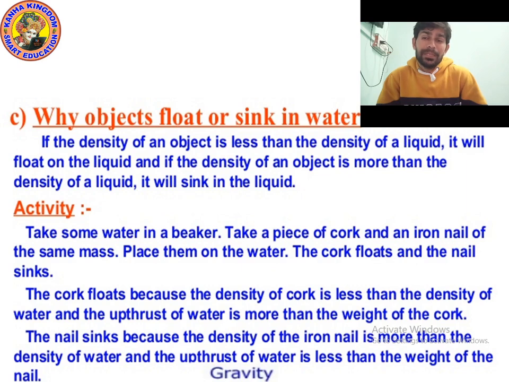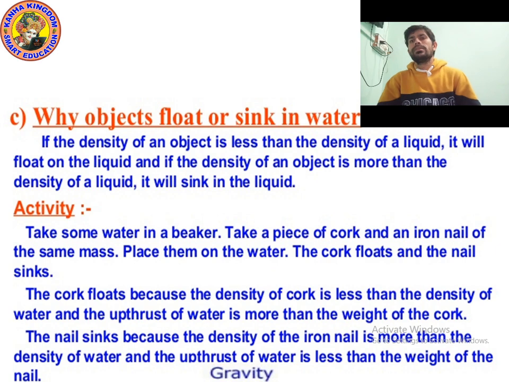The same thing happened here: the nail does not float, it sinks, because the density of the nail in comparison to the density of the liquid is more, in kilogram per meter cube. And the upthrust force acting on the nail is less in comparison to gravity.